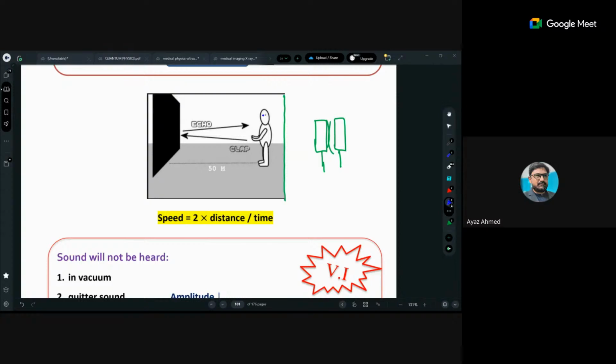Student one will start the bang or clap, and student two operates the stopwatch. The time must be started when the claps are performed, and the stopwatch is stopped when the echo is heard. Is it clear to you?